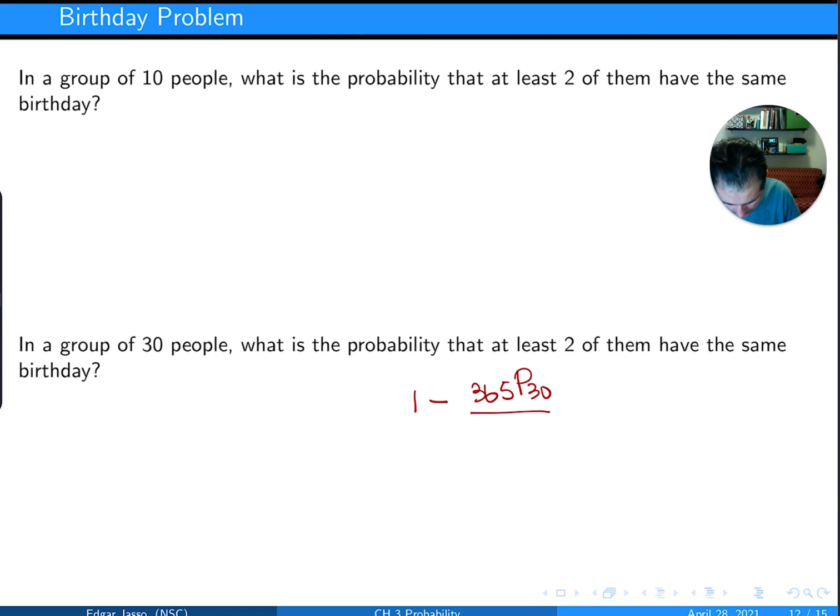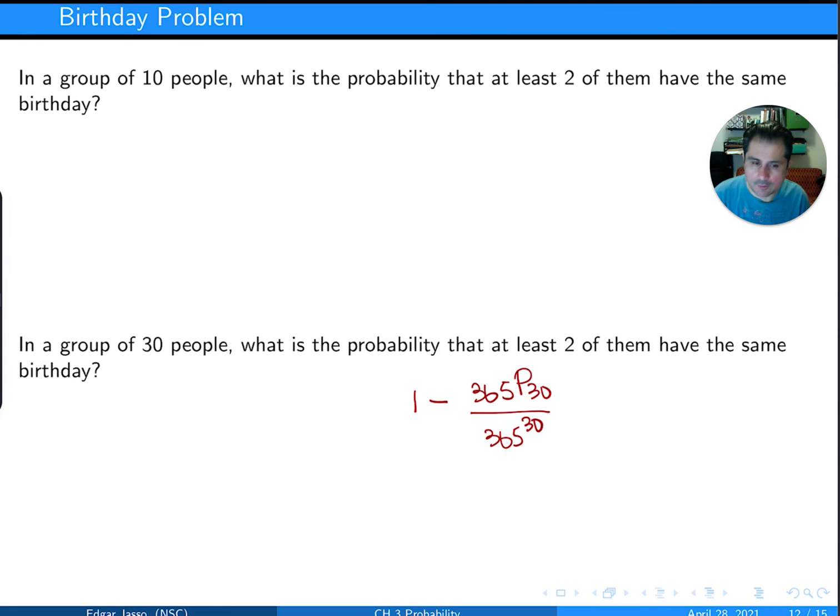The denominator is going to be 365 to the power of 30, right? In the numerator, I'm picking 30 different objects from a group of 365. The objects are the days of the year. I'm picking 30 different days. In the denominator, I'm creating all possible chains of length 30 with no restrictions from the group of 365 days of the year.